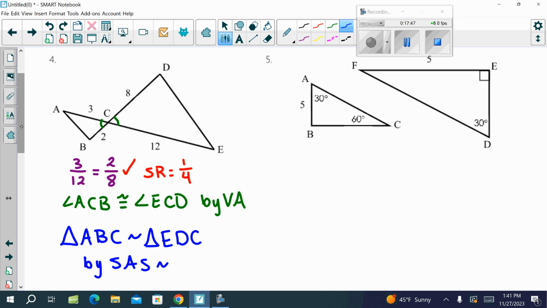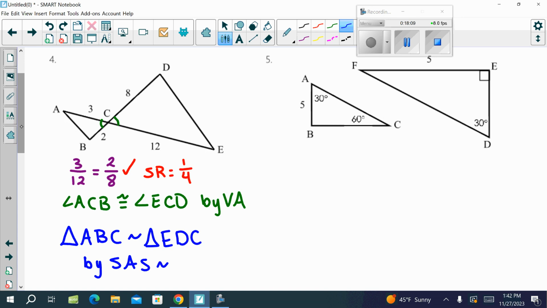Let's look at number 5. What kind of stuff do we have on number 5? Measurements of what? Angles. So do you think we are going to use side, side, side? No. Side, angle, side? How many sides do you need for side, angle, side? 2. Do you have 2 sides on either of those triangles?